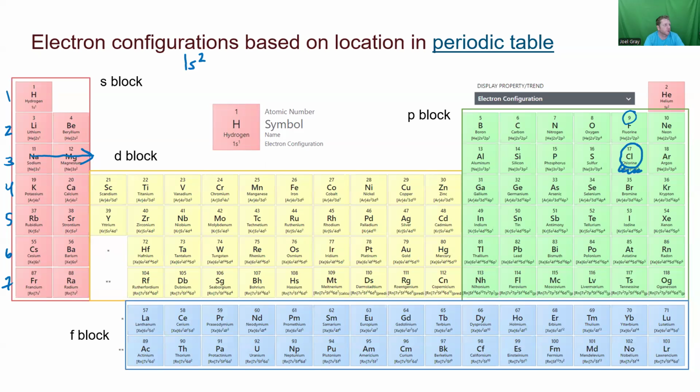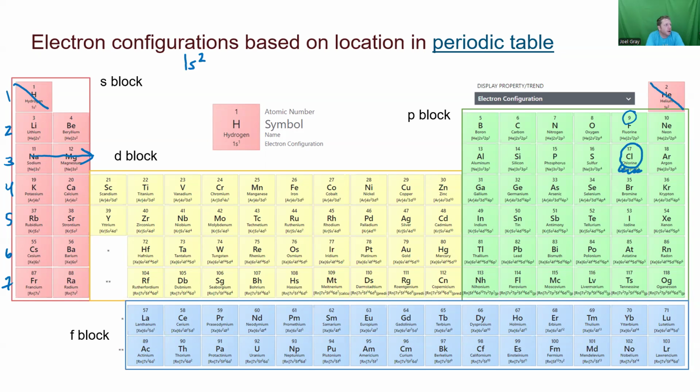Whenever I'm doing something like this, I basically cross elements off. Helium has an electron configuration. If you look closely, helium's electron configuration is 1s2, because helium only has electrons in that 1s subshell. Helium doesn't have any electrons in the 2s subshell. I can cross that off.